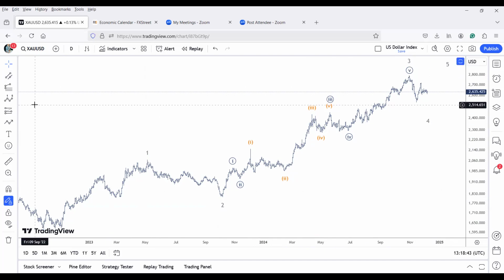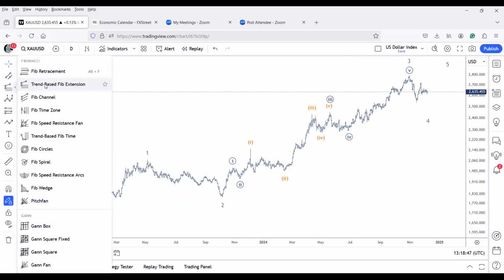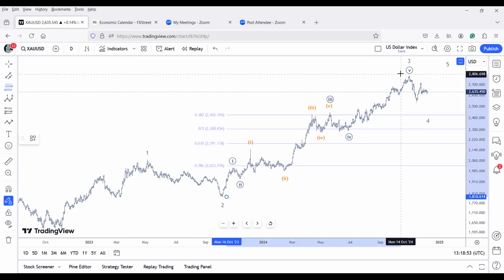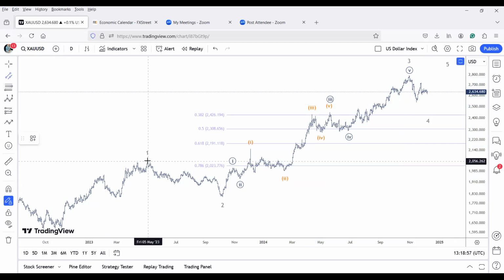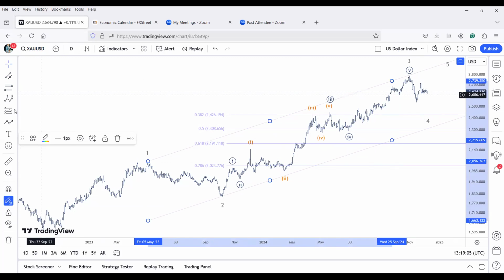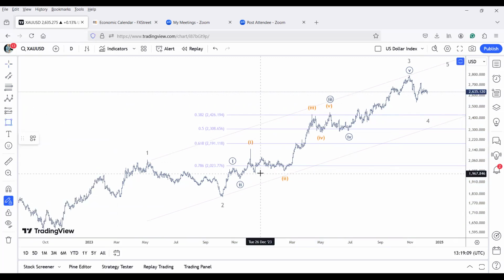Now there are parameters to find out where the fourth wave will come and end. Ideally, the fourth wave settles down around the 38.2% of wave 3, and also if you do the channeling, it will come and settle around the channel. So this zone, let me draw a highlight.